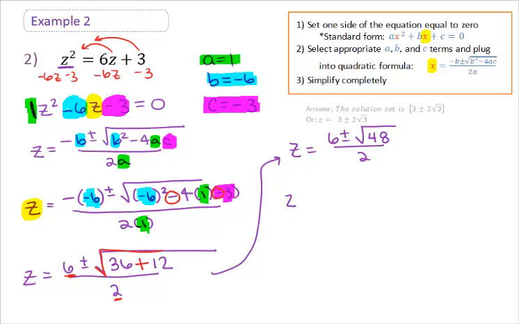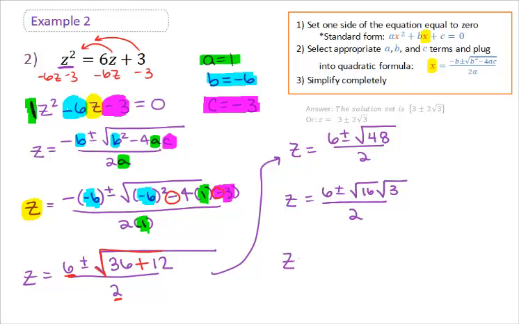So I have z is equal to 6 plus or minus, writing down my two roots for my good pi and my bad pi. 48, the biggest square that it divides by is 16. So that's my good pi. And 16 times 3 gives me 48. So that's my bad pi.